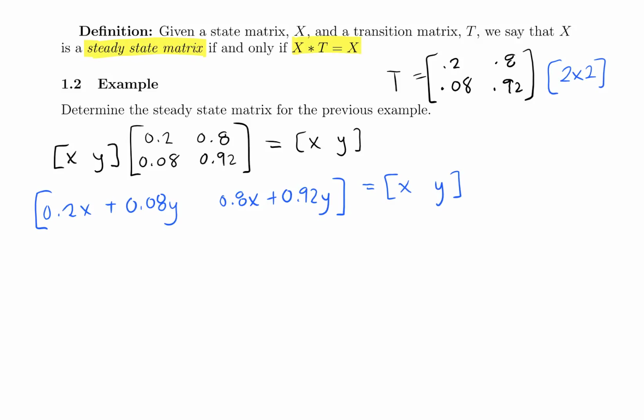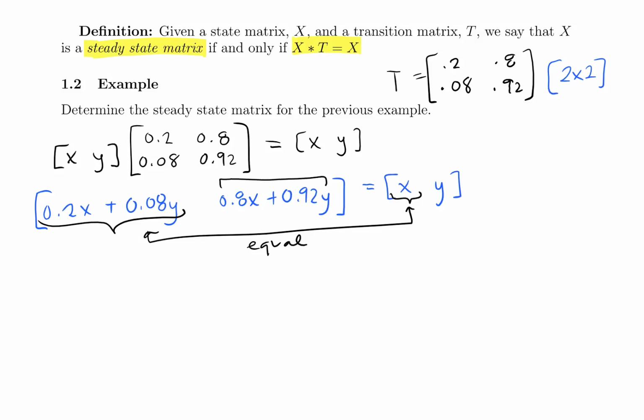So now we have two equations that have emerged from here. The first entry on the left-hand matrix must equal the first entry from the right-hand matrix. These must be the same, because two matrices are equal if and only if their entries are equal. Similarly, the second entry for both matrices must be equal.